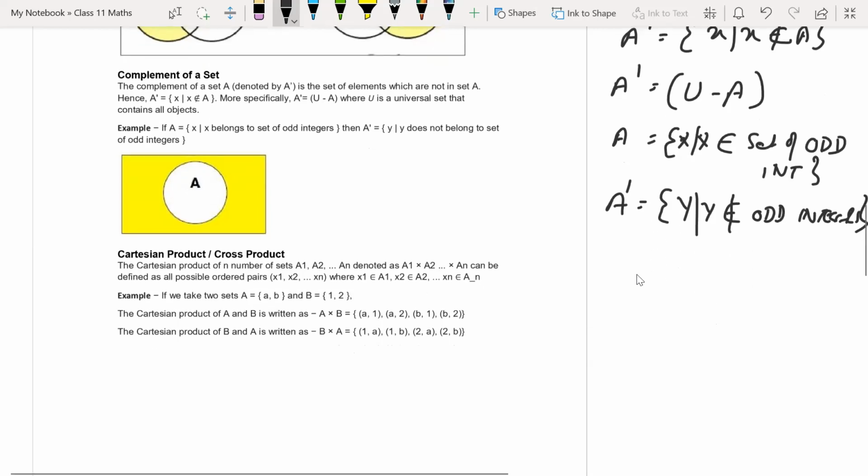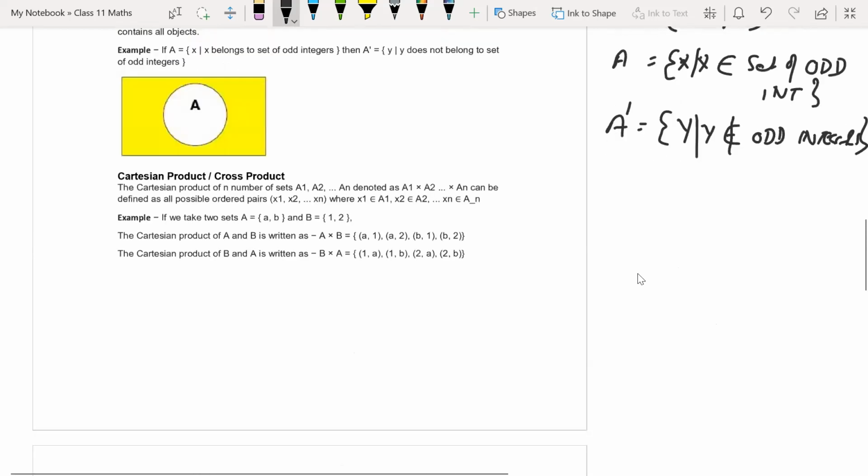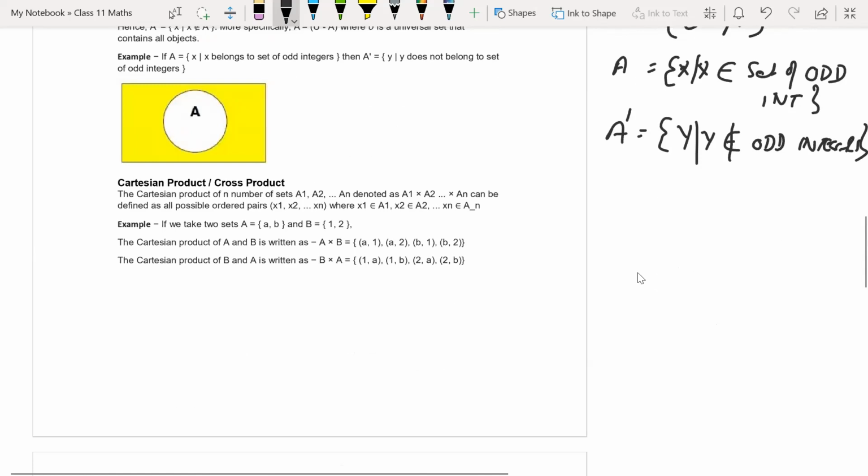Next is the Cartesian product or the cross product. Cartesian product of n number of sets A1, A2, A3, A4, or it can be denoted A1, A2 till An, is all possible ordered pairs from both the sets.